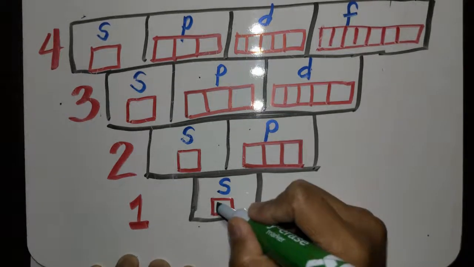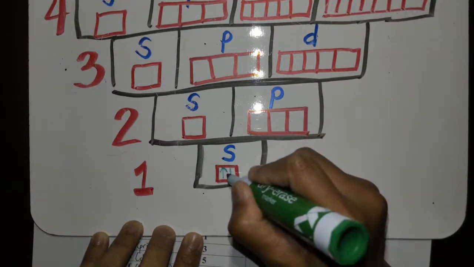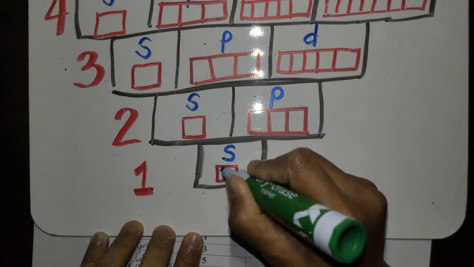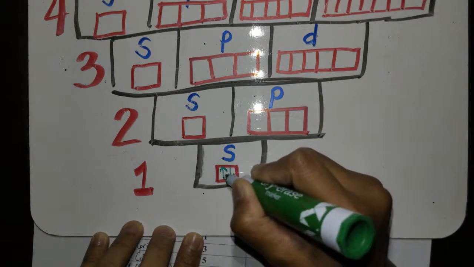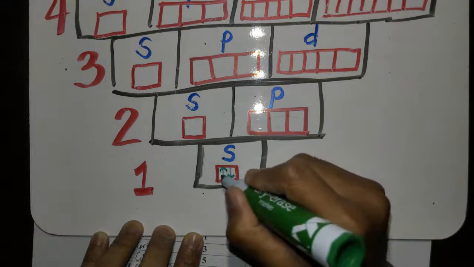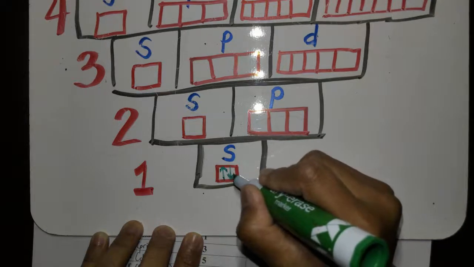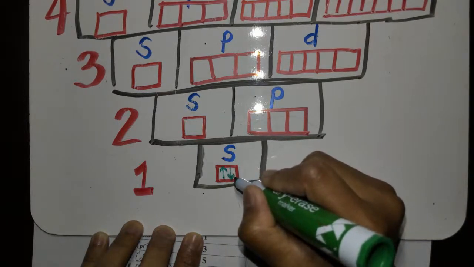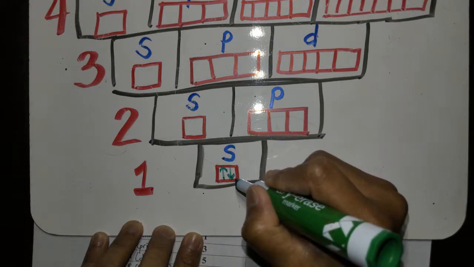We will draw it as arrow up and arrow down. Arrow up means counterclockwise. Arrow down means clockwise. The 2 arrows represent the 2 electrons that are spinning in opposite direction. By spinning in opposite direction, their repulsion will be minimized. Therefore, your atom is stable.